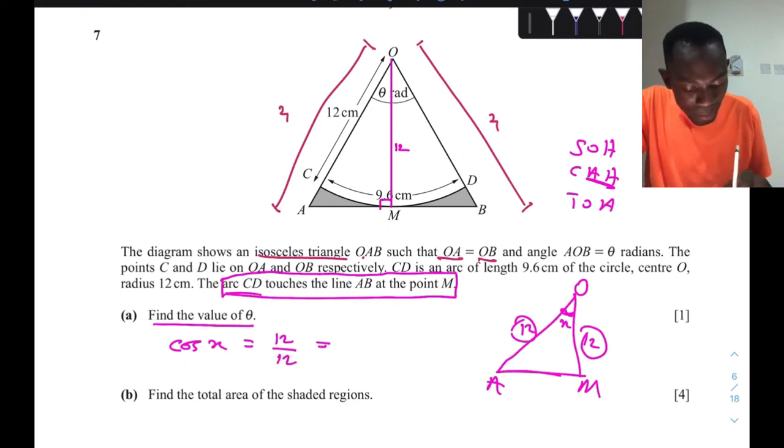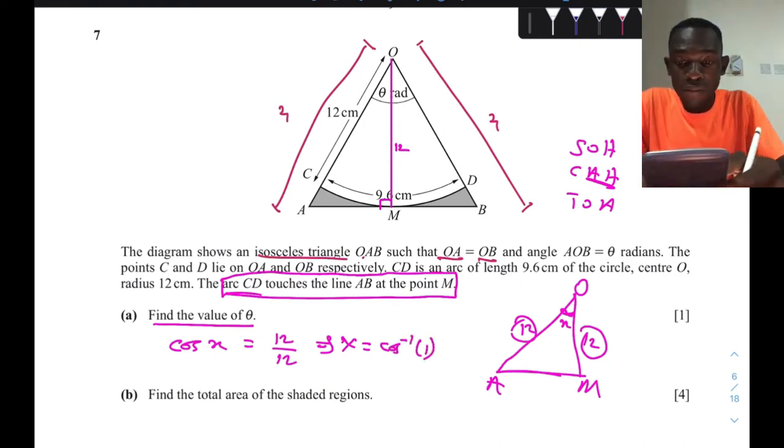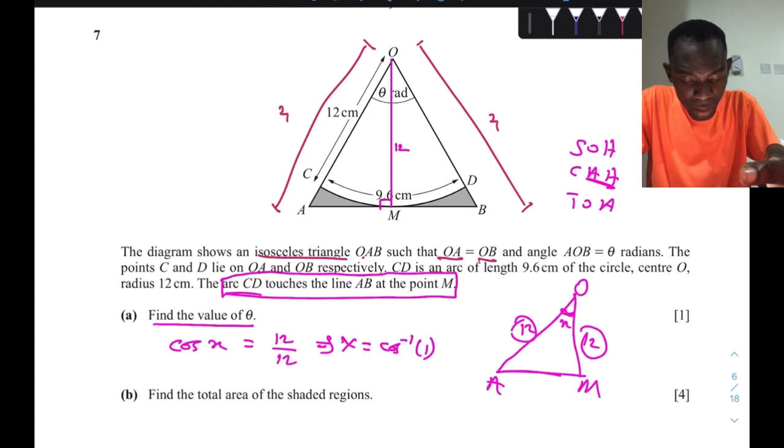So X will be equal to the cos inverse of 1. Cos inverse of 1 is 0. Hold on. If that is 0, then I'm arguing that the whole angle is going to be 0. Something is definitely not right.